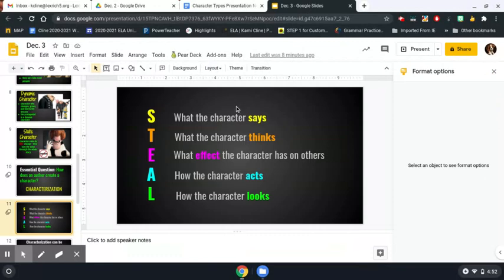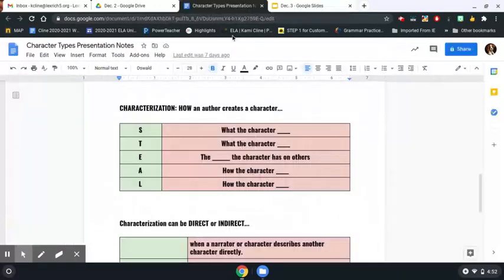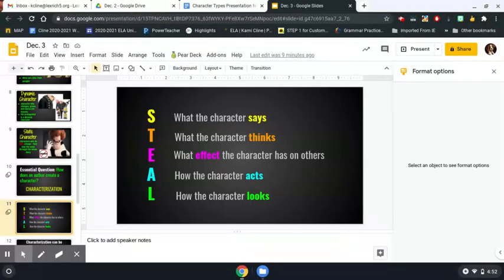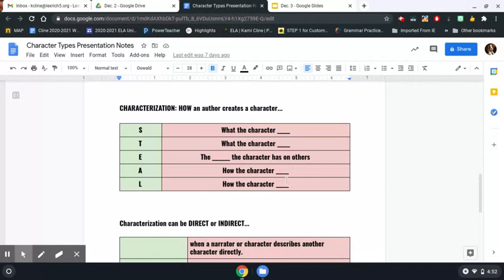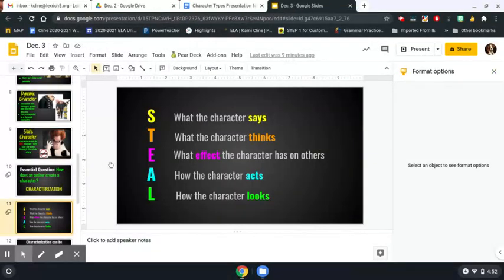The A, how the character acts. So you'll type acts. And the L, how the character looks. So this is how authors create a character. They include these different things when they're describing the character, when they're showing the character.